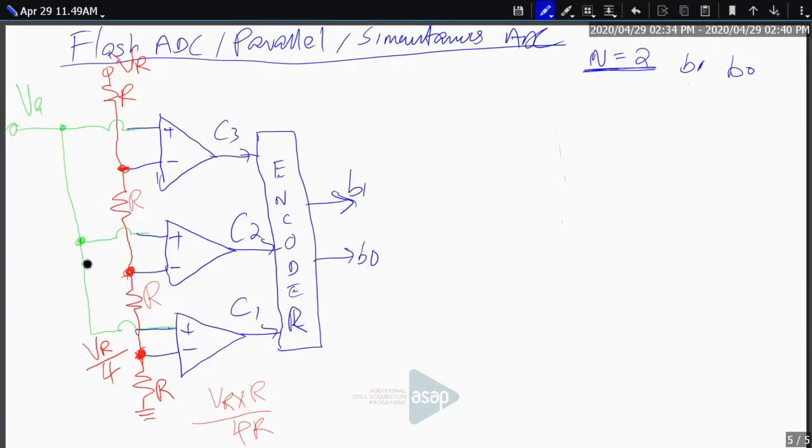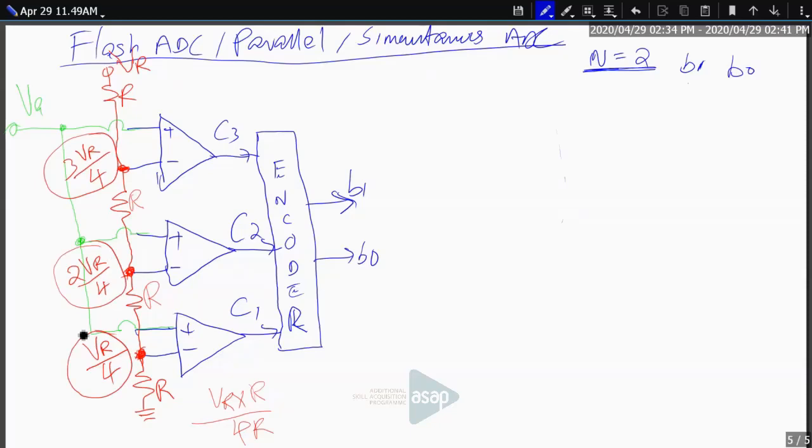Now, having done this, we will go back to this resistive network and see what is the voltage applied to comparator C1. We can see that basically this is nothing other than a voltage divider network. See, the VR is there. 1, 2, 3, 4 resistors are connected in series to ground, and VR is applied to them.